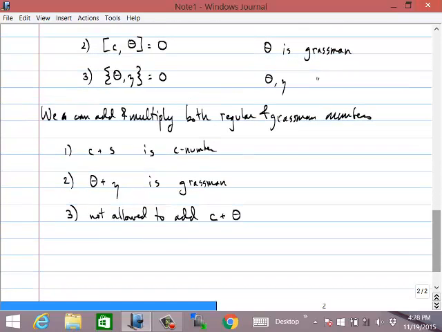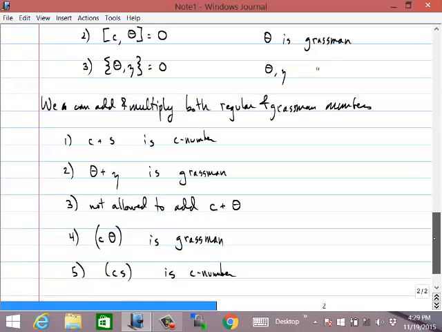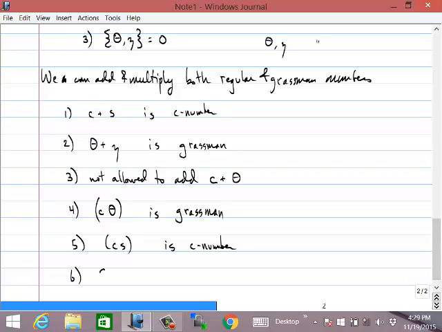But you can multiply these numbers together. So for example, if C is a C number and theta is a Grassmann number, then their product is a Grassmann number. Similarly, I should have said explicitly, but you probably know that if you multiply two C numbers together, you also get a C number. And finally, what happens if you multiply two Grassmann numbers together?